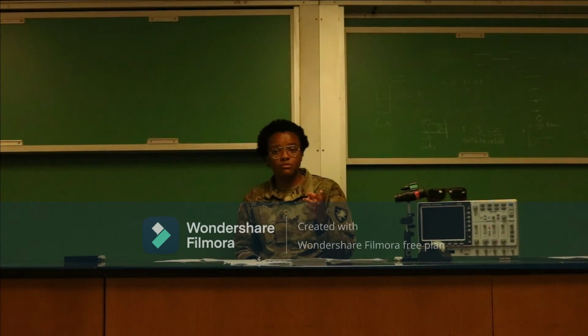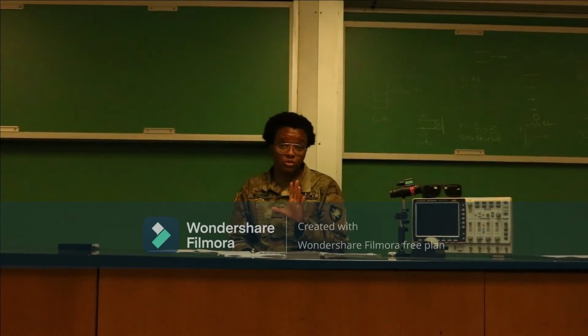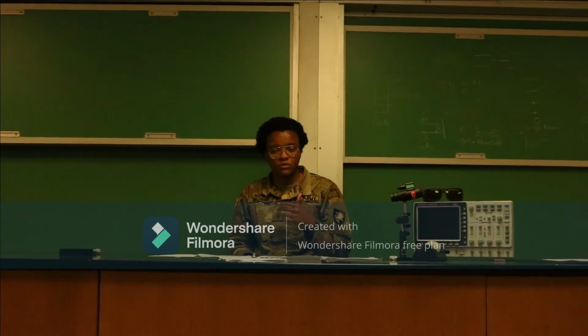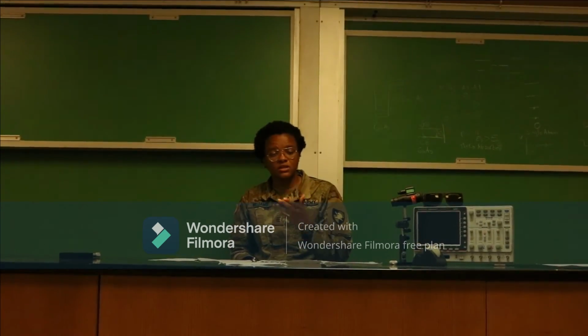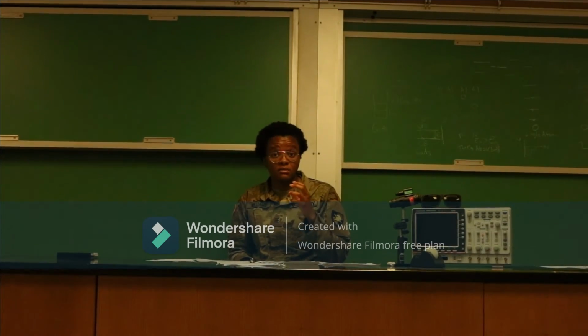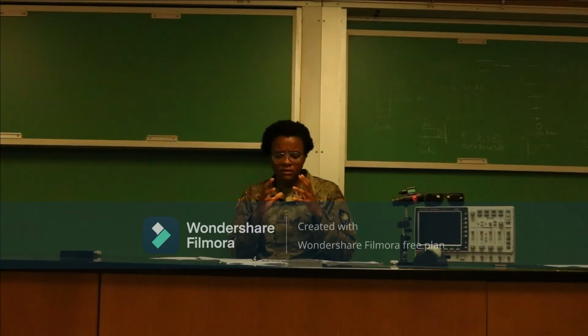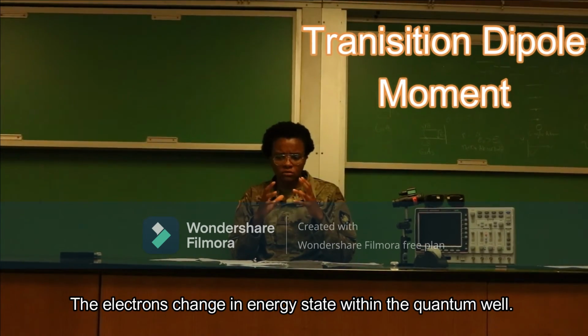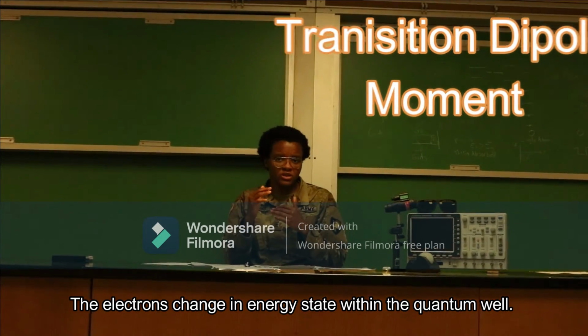Now we're going to describe what goes on within those wells besides the absorption. So what occurs is the photon comes into the well, it then excites the electron, and within that it goes through an optical transition dipole moment, which means that it's transitioning between energy states.